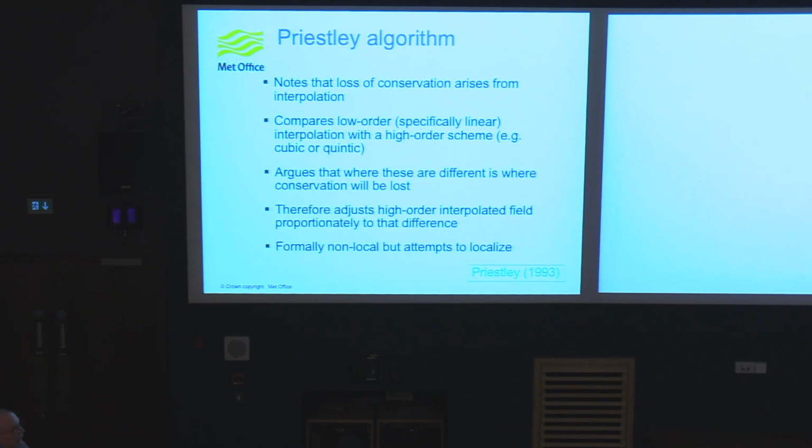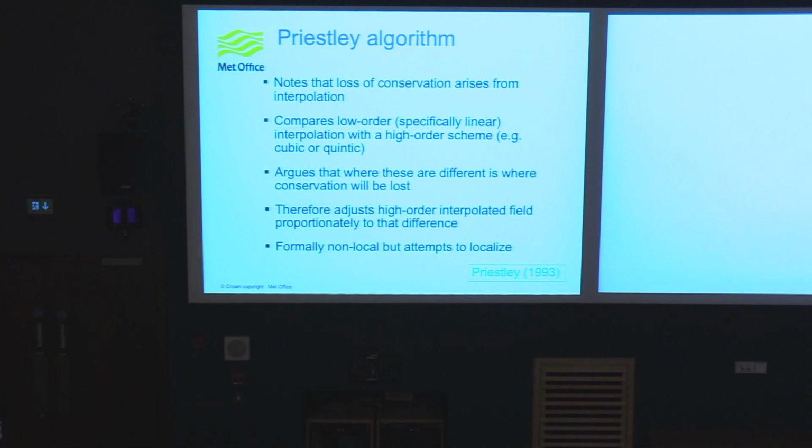I'm just going to explain now a little bit about how that conservation algorithm, the Priestley algorithm, works. The key idea behind this is to note where we are losing conservation. It's coming from that interpolation scheme, as I tried to explain, the 4-point stencil.